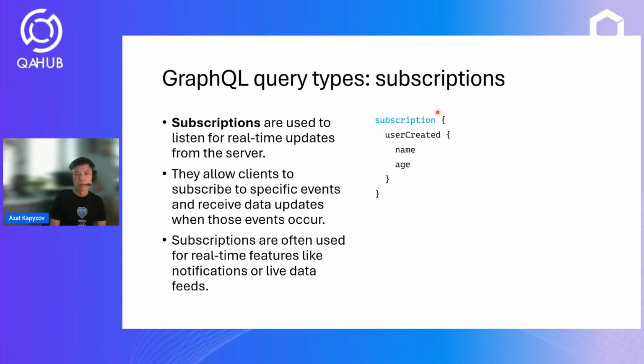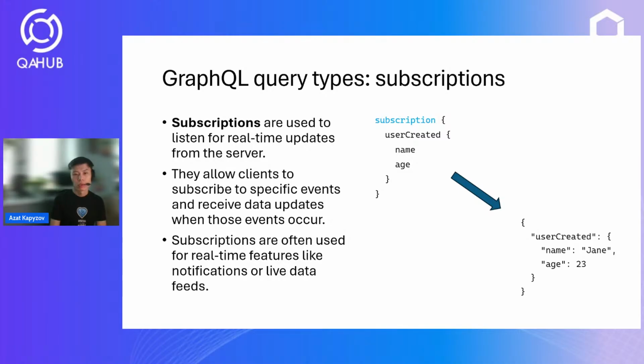We just specify subscription, the name of the query, and what data we want to get. In the response, each time a user is created, we will get this response that a user is created with name and age. Okay, those are the three main query types in GraphQL.